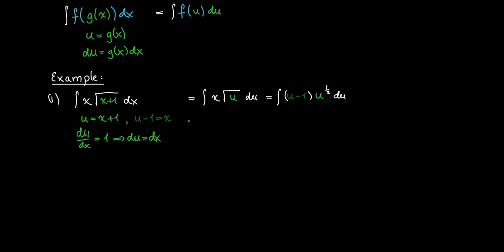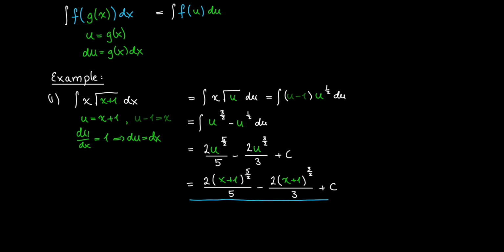After that, I can open the parentheses, and I would get that it's going to be u to the power of 3/2 minus u to the power of 1/2 du. And this integral can be integrated easily with the power rule. I will not go into detail about how I got this, since you already should be fluent with the power rule. And finally, of course, we just have to plug our substitution back into the antiderivative function.